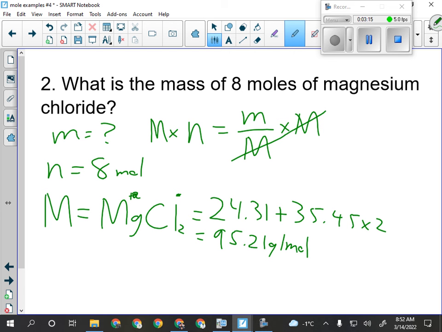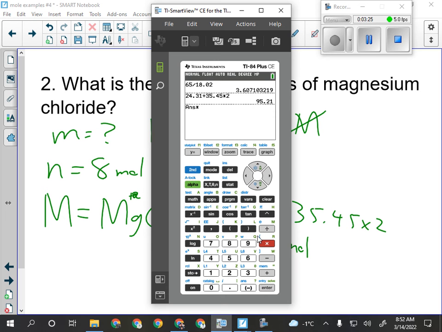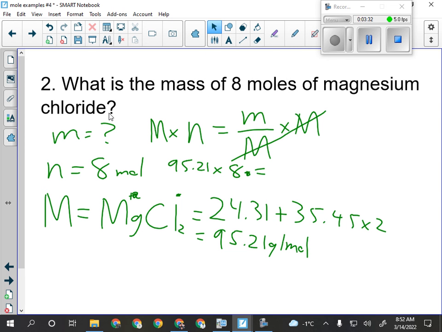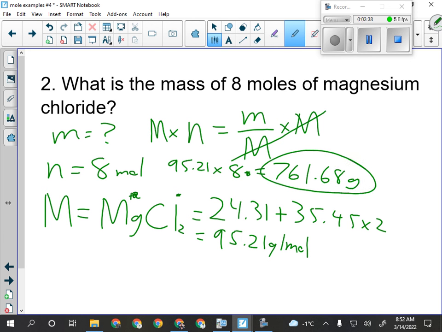Okay, and then I've got my 95.21 times 8 moles. All right, so looking at 761.68 grams. Okay, questions on that one? All right, give you a few more minutes to get 3 and 4 done.